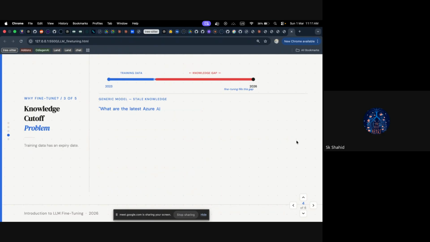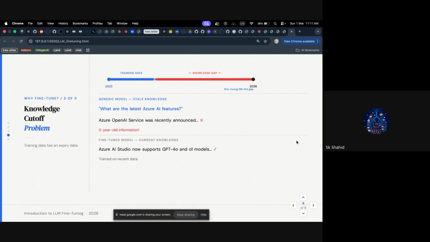Also, there is one more problem with the pre-trained transformer, which is the knowledge cutoff problem. Let's say the model's training data is used up to 2023. Now we are in 2026. There is no more fine-tuning, and the base model is ready without any data apart from before 2023.